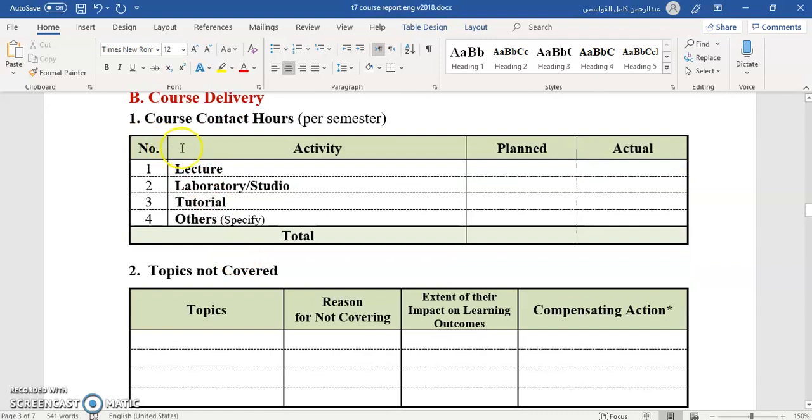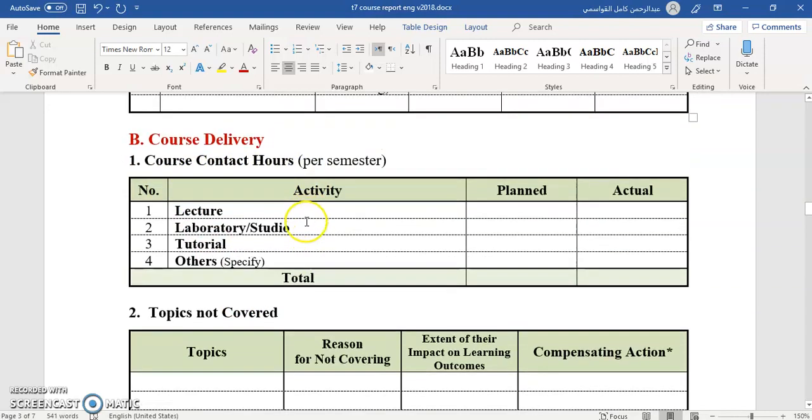Here you have to fill the course contact hours per semester. The planned hours were written or planned in the course specifications. The actual hours are what you really implemented during the semester for this course. For example, in the plan you have lecture 45 contact hours.